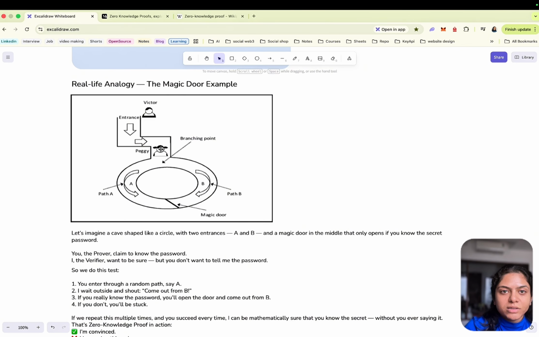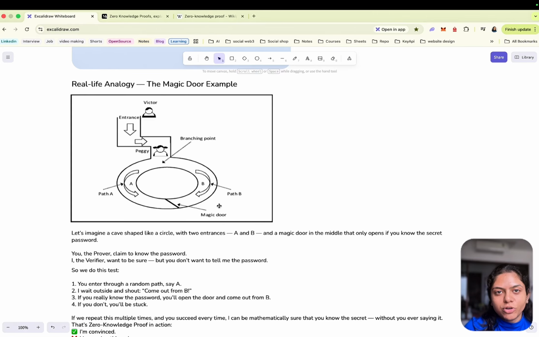If one time the prover enters from path A and Victor also says to come out from path A, then she can come out the same path. But now if she enters from A and Victor wants her to come out from path B, then she has to know the secret code for this door.